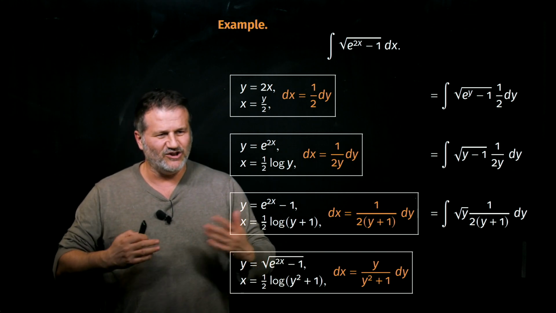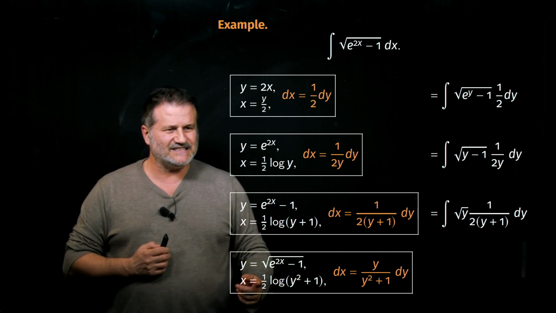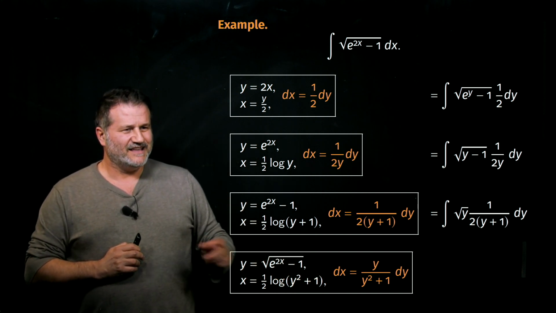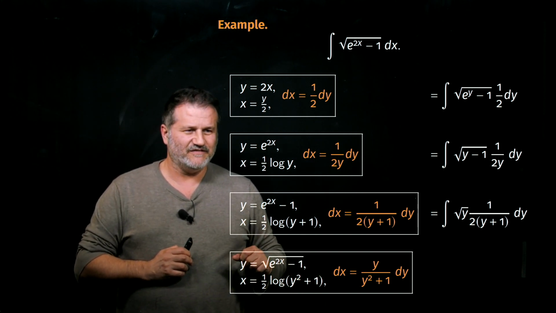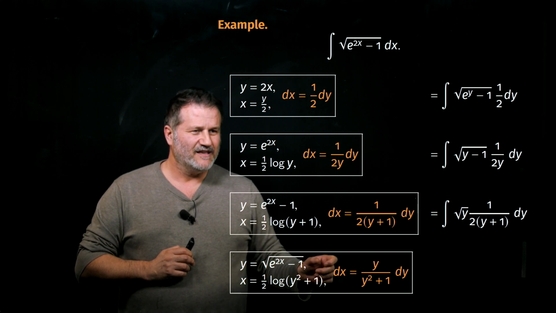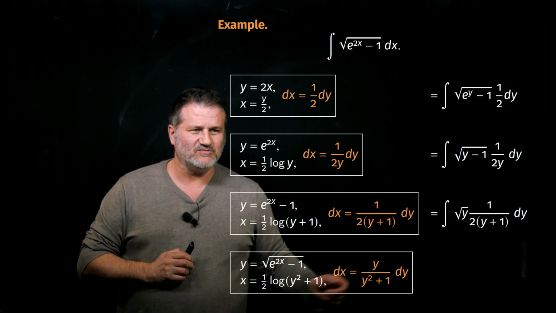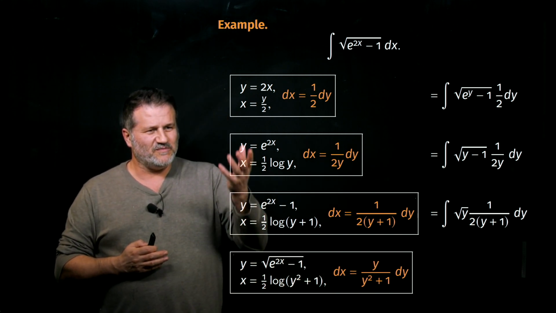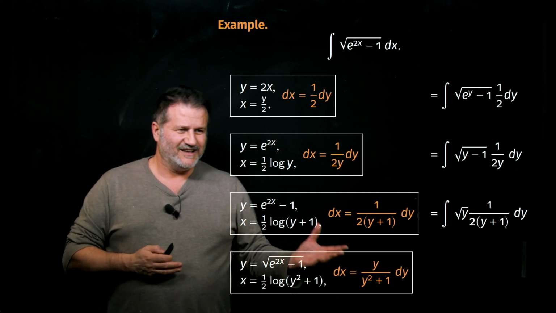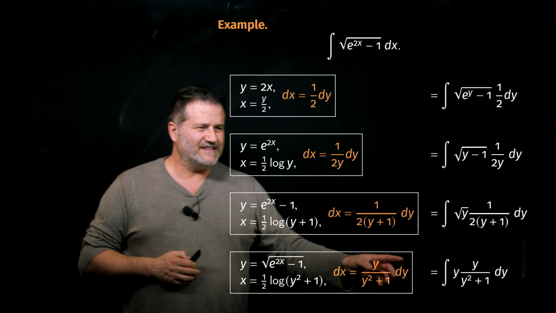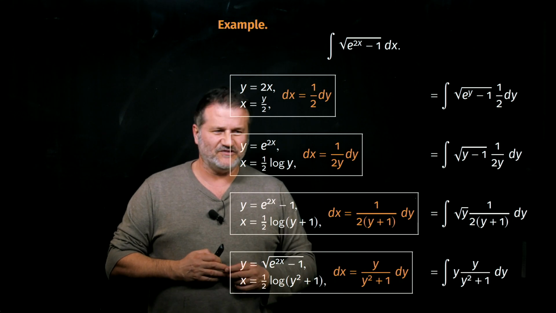Therefore, 2x is log of y squared plus 1, and x equals 1/2 log of y squared plus 1. When we change dx into dy, we see that dx becomes y over y squared plus 1 dy. As you can see, the more complex the change of variable, the more involved is this factor. But in this case, this is the new primitive to be computed.